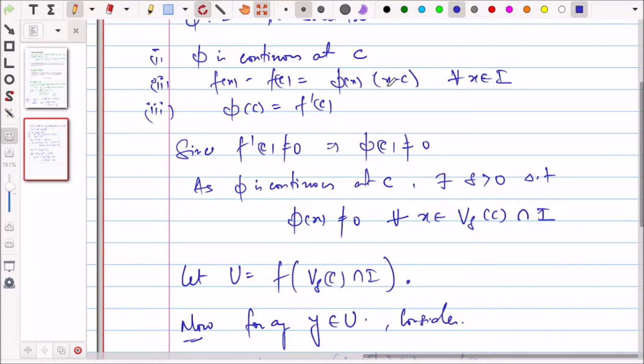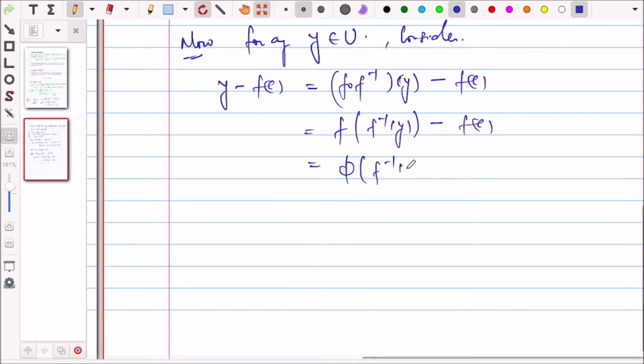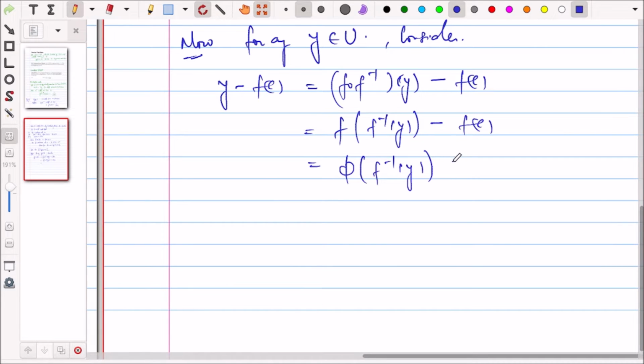fx minus fc is equal to phi x times x minus c, right? So this is equal to phi of f inverse y times f inverse y minus c.